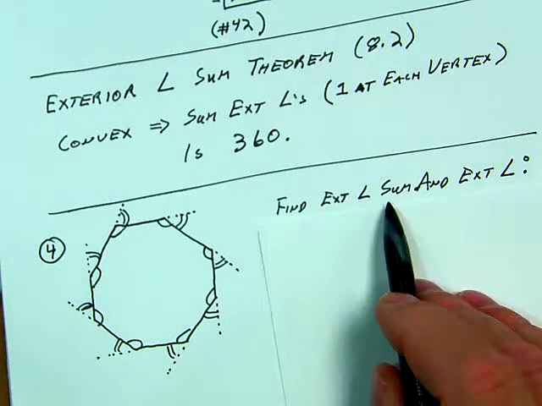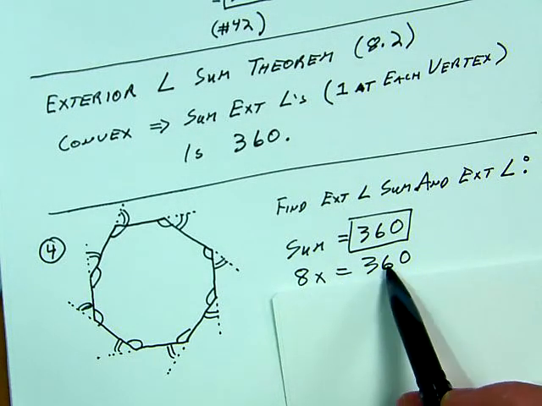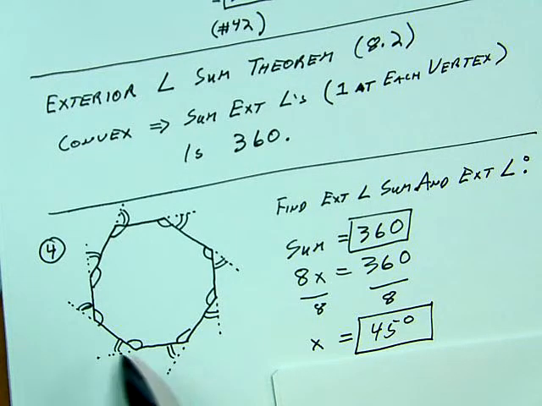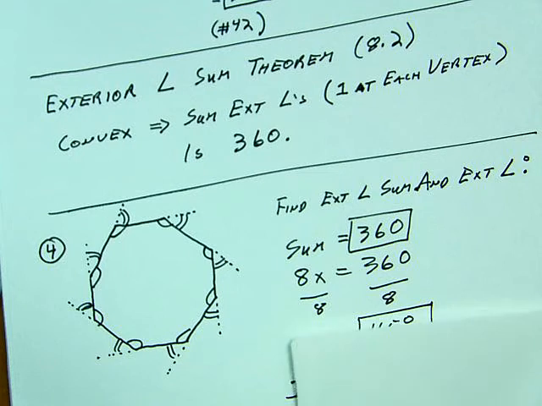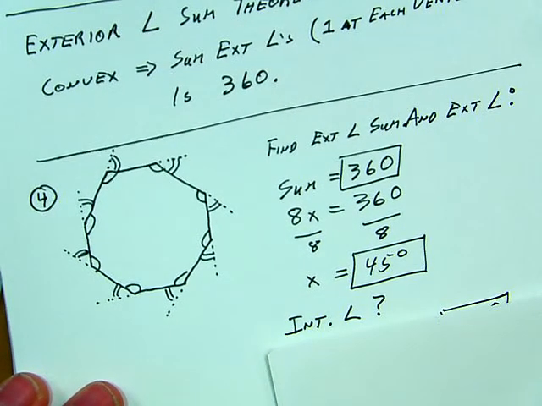Well, the sum, we know right off the bat, is always 360. And we have 8 of these things, so we can say 8 times x is equal to 360. Divide by 8, and I know that each exterior angle is 45 degrees. And then it goes on to ask, if the exterior angle is 45 degrees, what is the interior angle?